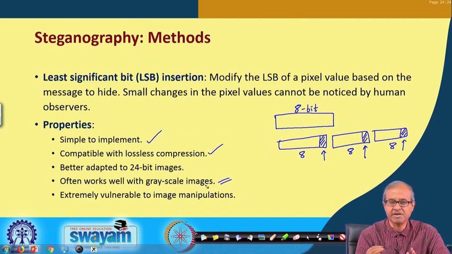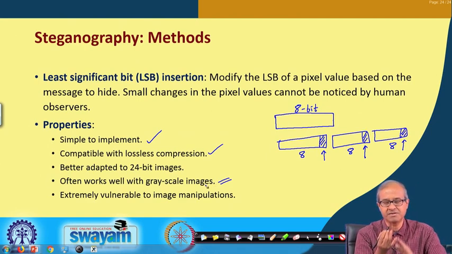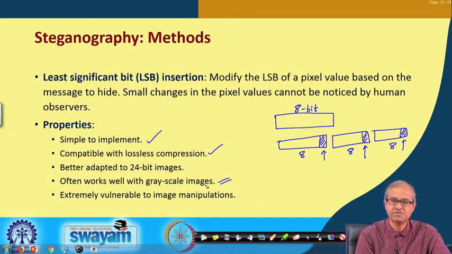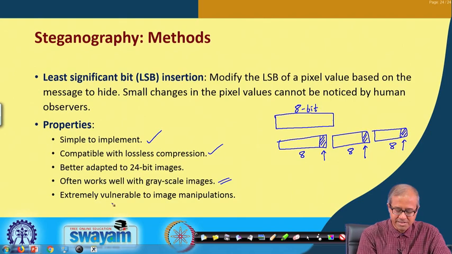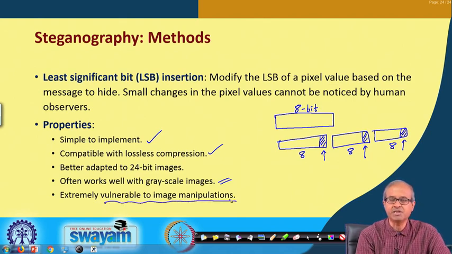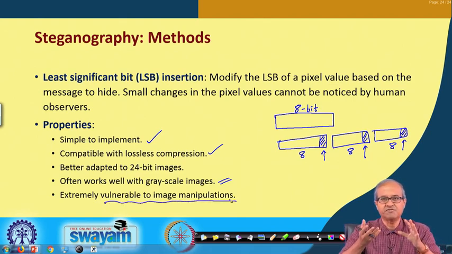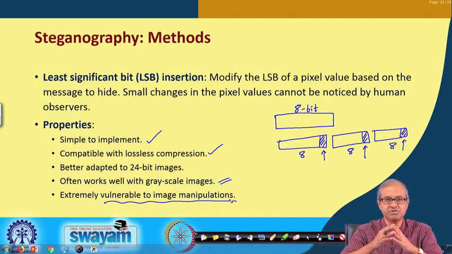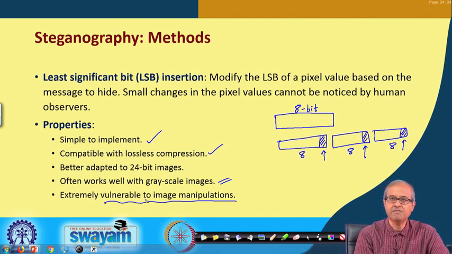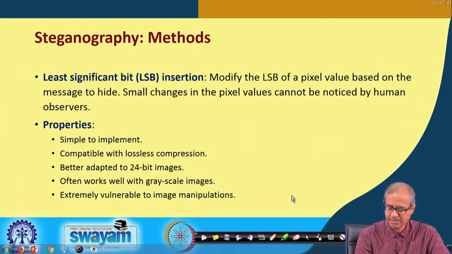Grayscale images, where you are not talking of colors, but black and white and shades of gray, these images work. And as I told you, these are vulnerable to image manipulations. When you transform an image, when you do compression, decompression, lossy compression, these LSBs will all get lost. So, this hidden method might get easily lost if you do some kind of media manipulation.